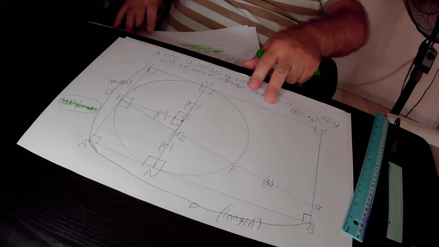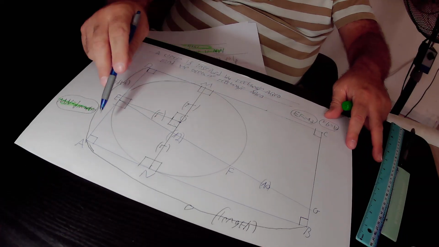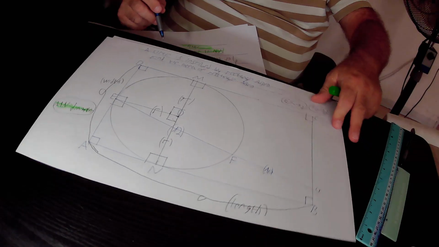So I write it down here that DMNA, the big quadrilateral, is a rectangle according to rule 5.